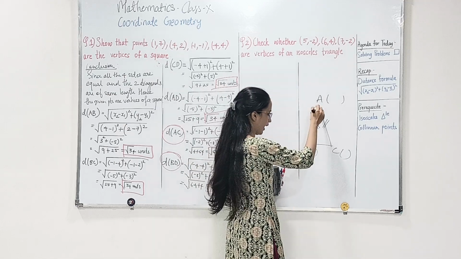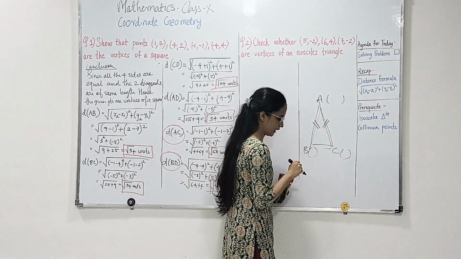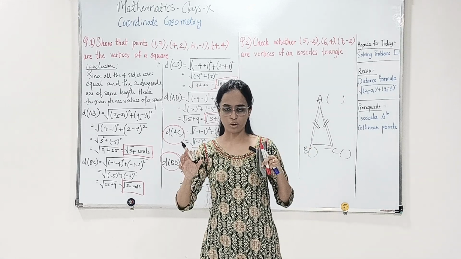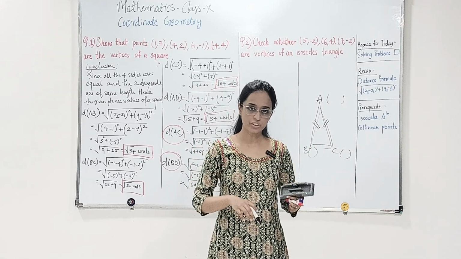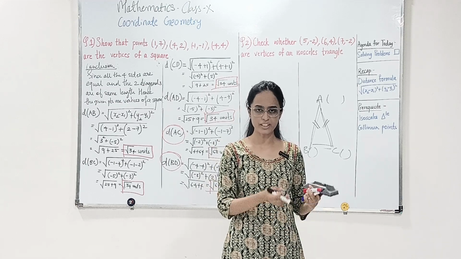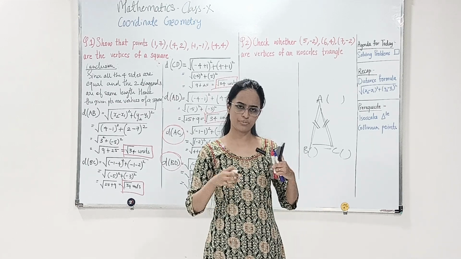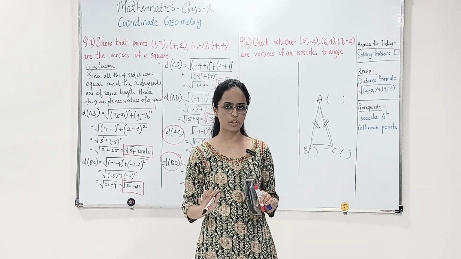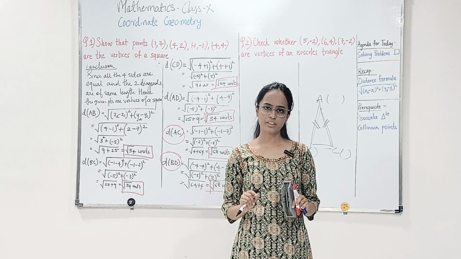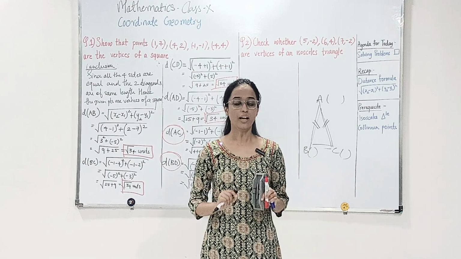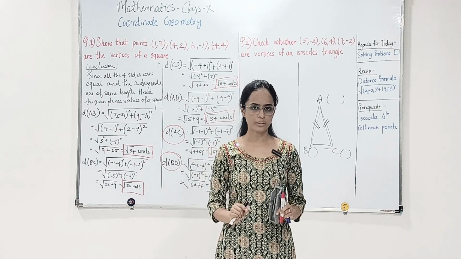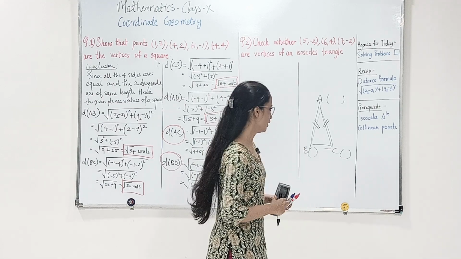I'm supposed to calculate the distance of all the three sides and see whether I get either of the two distances equal to each other and the third distance different from these two. If that is the case, then we are going to consider that it's an isosceles triangle, because the necessary and sufficient condition for proving any triangle to be an isosceles triangle is that two sides should be equal to each other, right? So let's start.